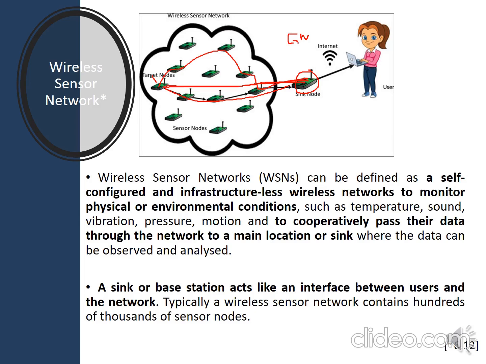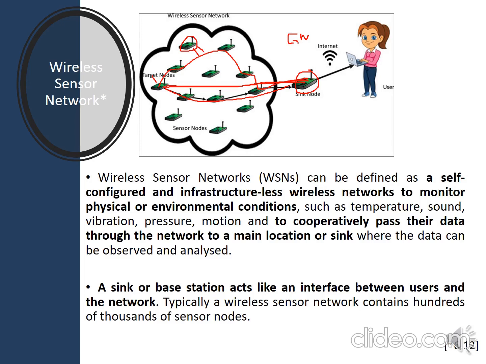Typically, a wireless sensor network contains hundreds or thousands of sensor nodes, and they are self-configured. The only things needed to participate in the network are that the network ID should be the same, the pass key should be the same, and the role is also defined.